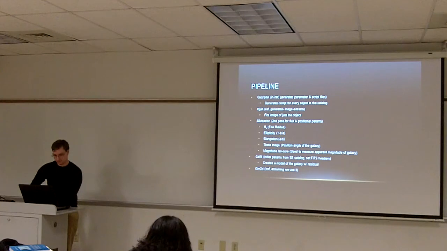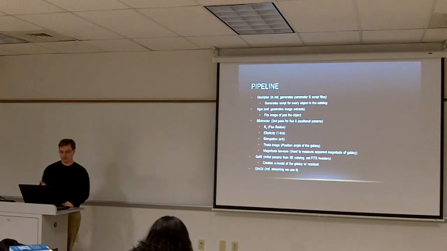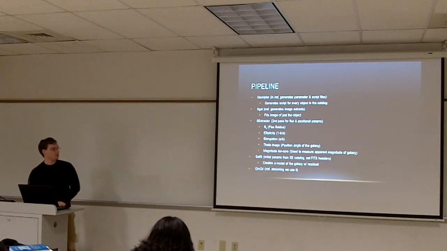And so yes, we get the thumbnail, and then I throw that back into SExtractor again, and then this gives us the half-light radius, ellipticity, elongation, position angle, all that sort of good stuff that we need, and then input that information into GALFIT, and that creates a fit and then a residual.